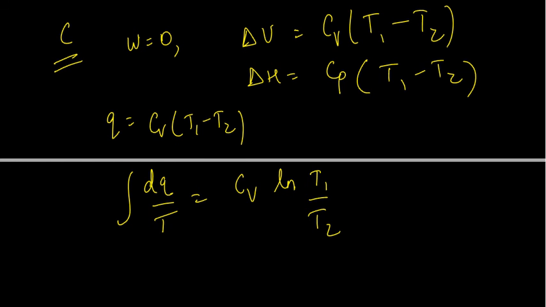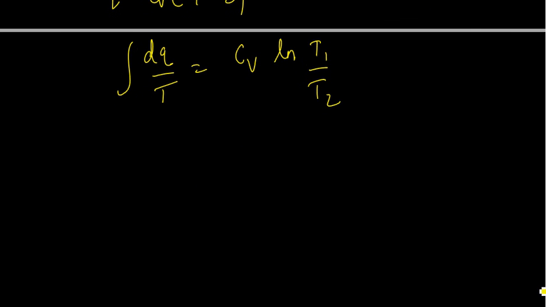Now what we need to worry about is to see, as part of this exercise, what is the path function and what is a state function. Add up all of these. Nika, I don't think you'll need a calculator.